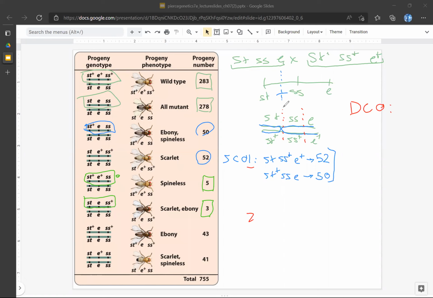So they did have this event happen to them where the two chromatids crossed over at this first locus. And so they do contribute to the distance between ST and SS. So not only do we add 52 and 50, we also add the 3 and the 5, our two double crossovers, because in order for them to have been a double crossover, they also had to have had both of the single crossovers.